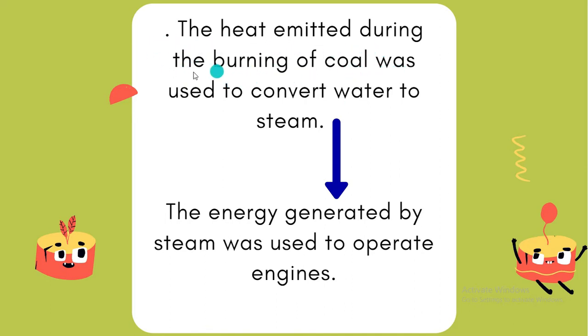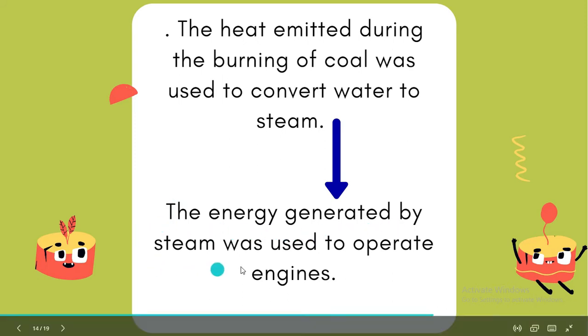The heat emitted during the burning of coal was used to convert water to steam. Okay, I think you have the idea about that. Burning of coal was used to convert water to steam, liquid water to steam. Okay, steam means water vapors, another name.